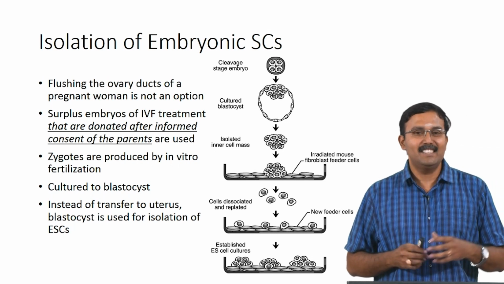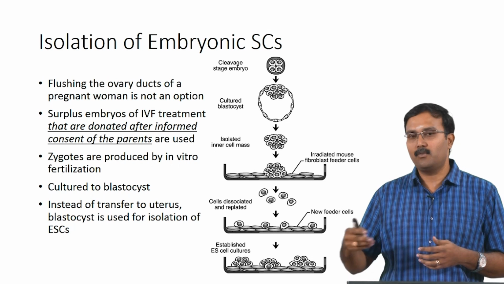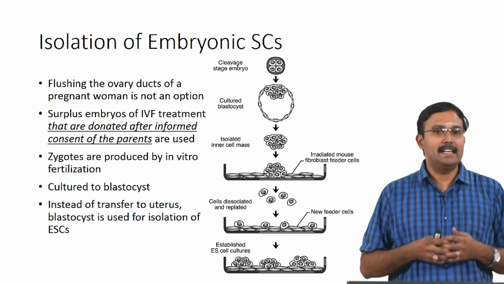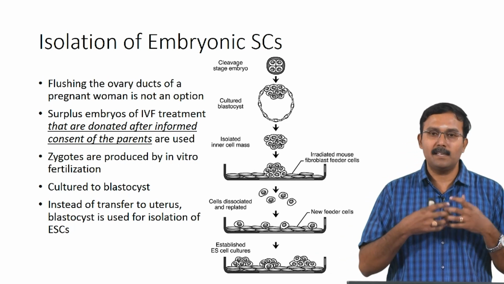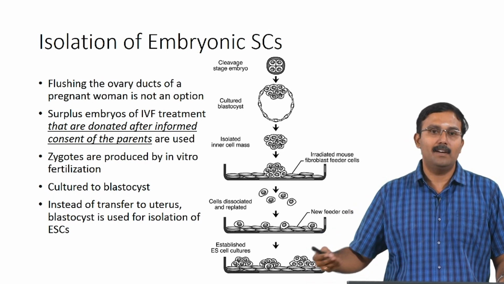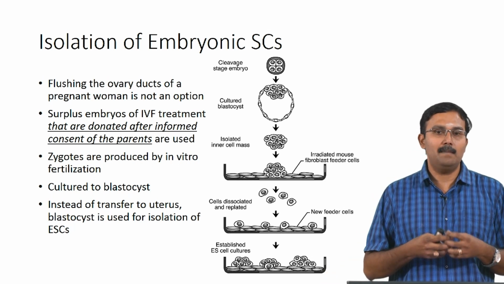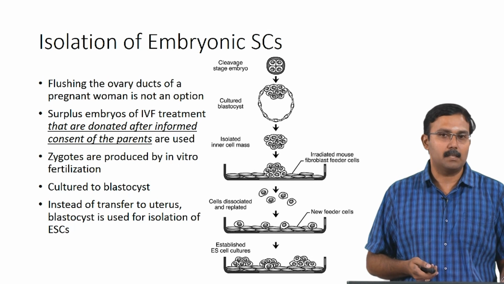So, zygotes are produced through in vitro fertilization, and they are cultured to form the blastocyst phase. At this stage usually this is placed inside the womb for it to develop into a fetus. Here, instead of that, the blastocyst is used for isolation of embryonic stem cells.